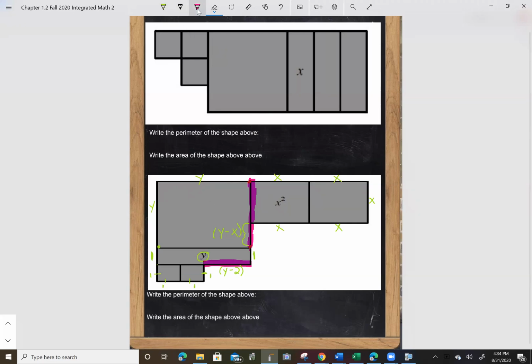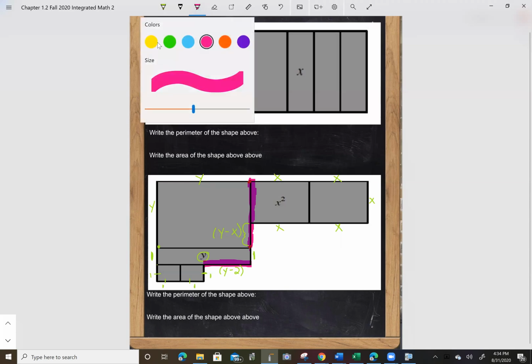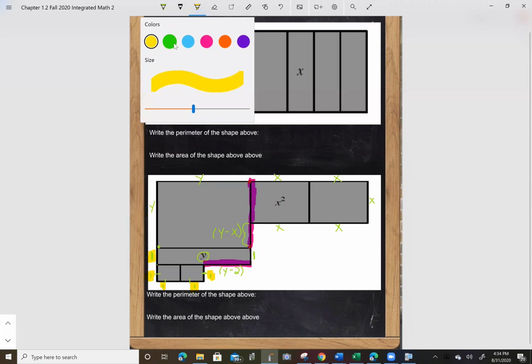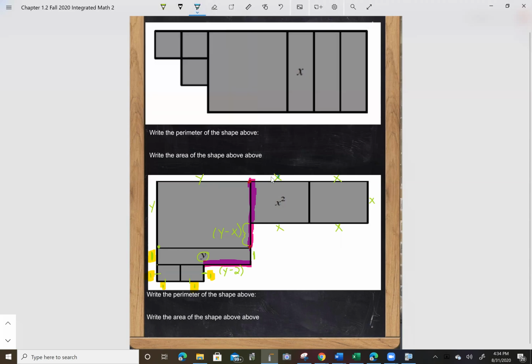So first of all, you can combine like terms. So all of these ones, I'm going to highlight in yellow because they are all like terms, right? And then all of the x's, I'm going to, oh, I can't highlight in green, they'll disappear. I'll highlight in blue.